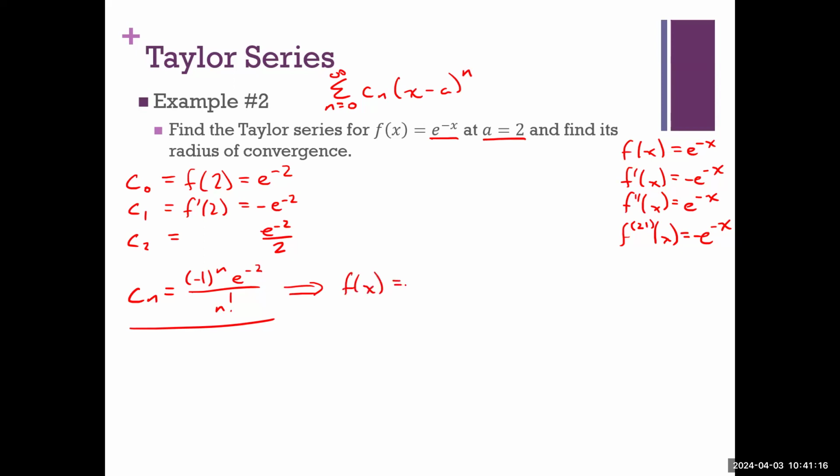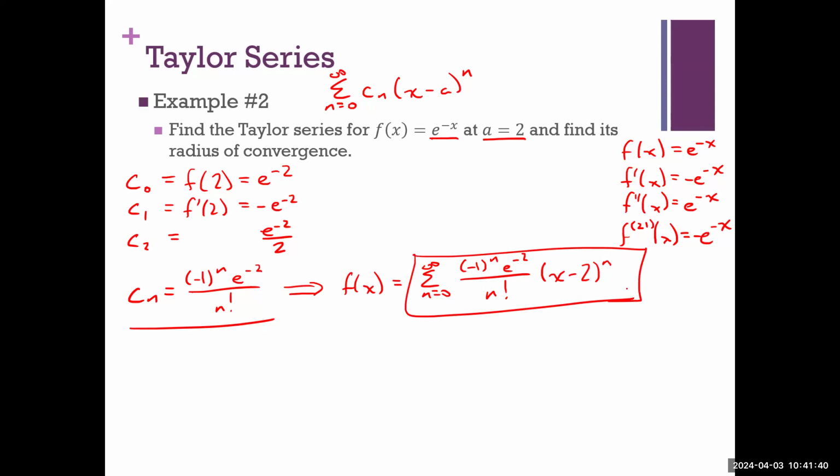F of x equals this sum, -1 to the n times e to the -2 over n factorial times x minus 2 to the power of n. How are we doing with that?